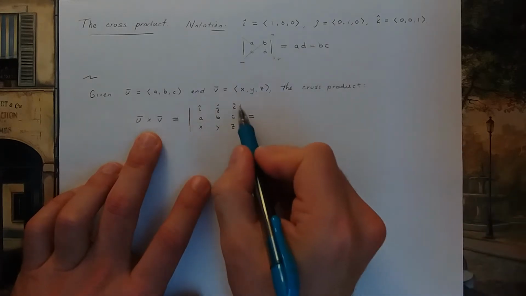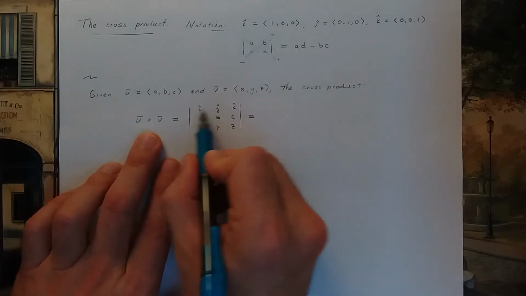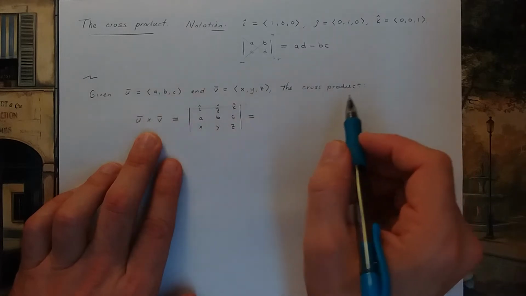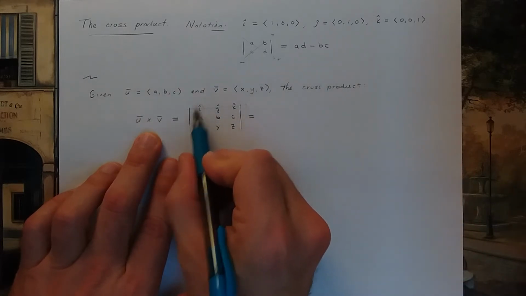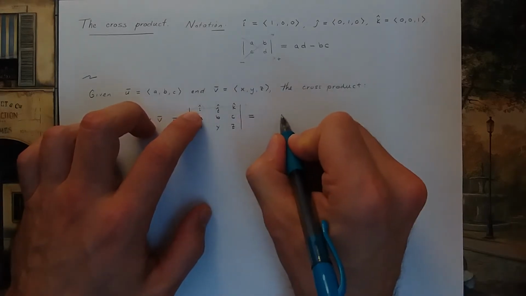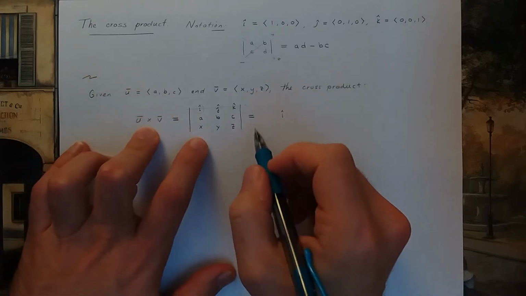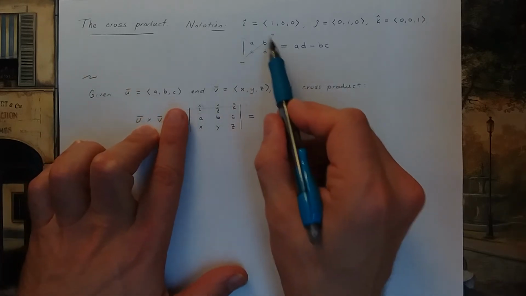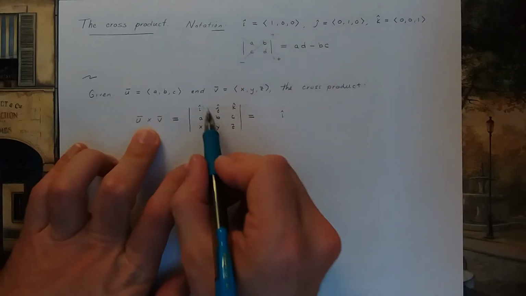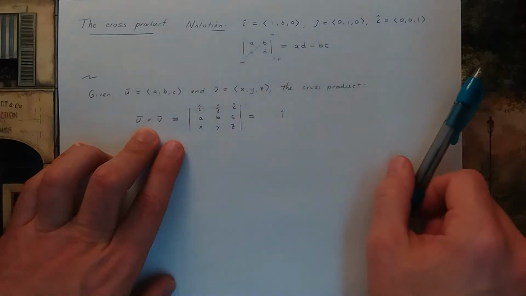Now here's what this means to do. I start in the top row. So I'm going to work along the top row here, moving left to right. I'm going to start with i hat. Now for the i hat term, I'm going to write down i hat times a certain number. And that number will be this determinant, 2 by 2 calculation, when I cross off the row and the column that contains i.